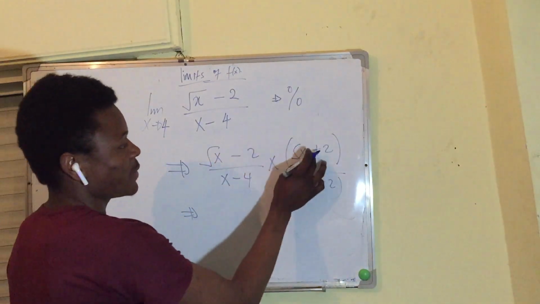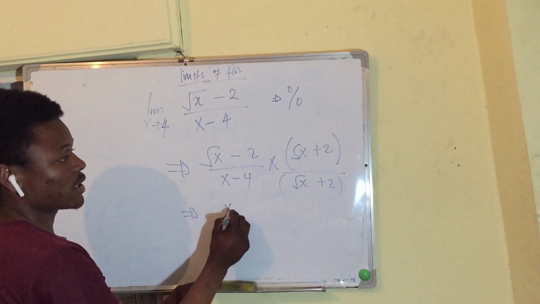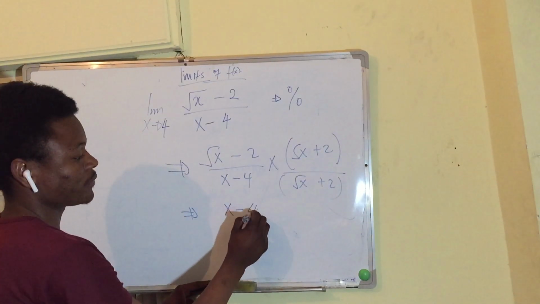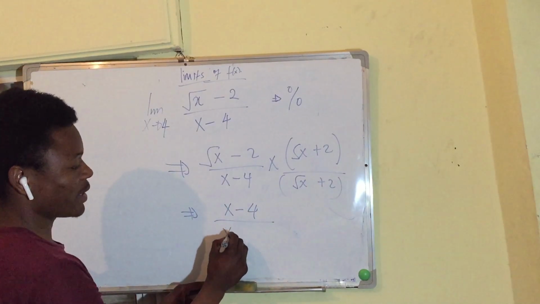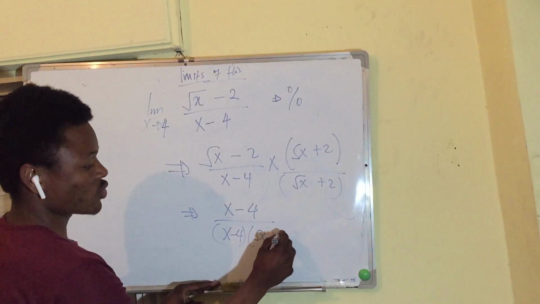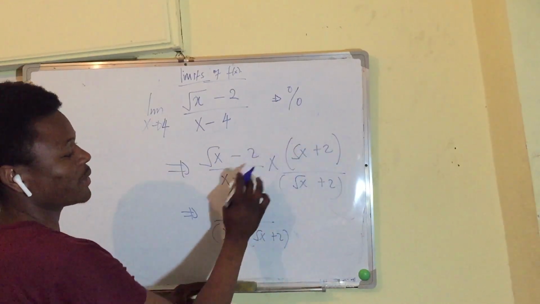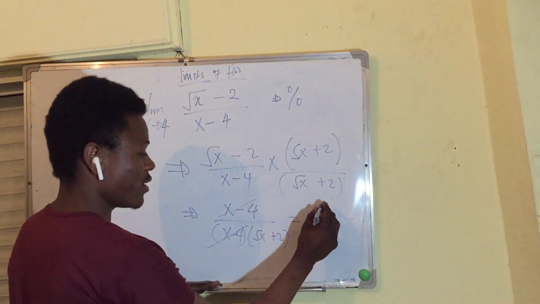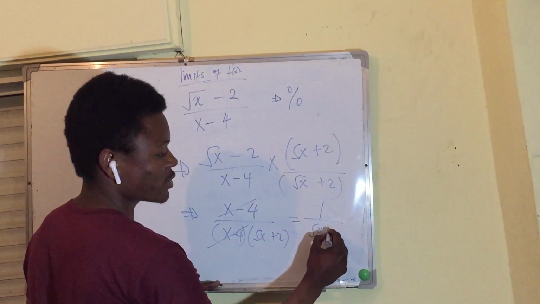When we multiply, we get x minus 4 on top, and also x minus 4 bracket root of x plus 2 on the bottom. When you expand, one multiplied by this, one multiplied by this, this can cancel this. So we have 1 all over root of x plus 2.